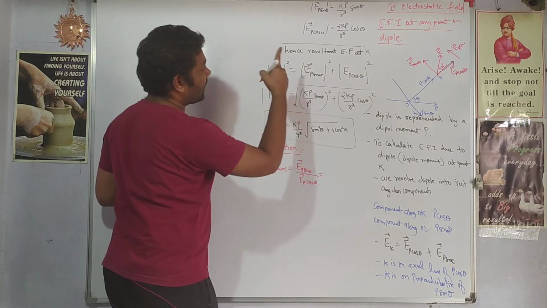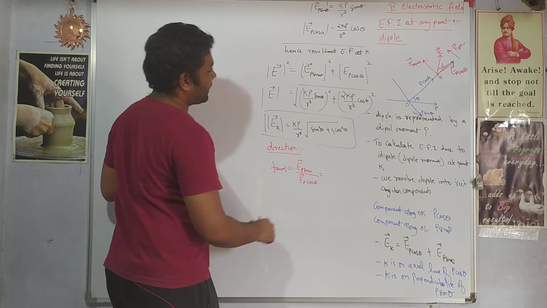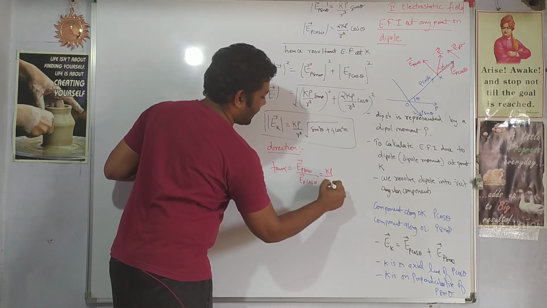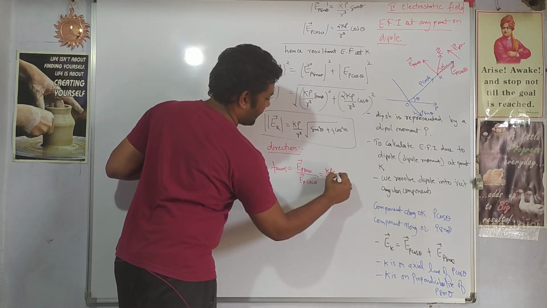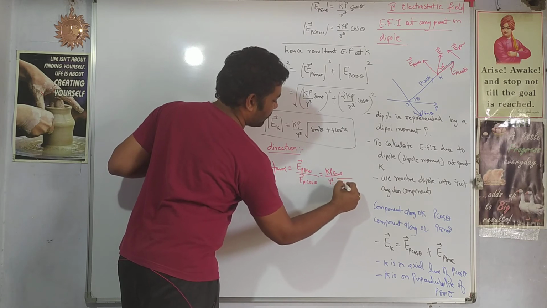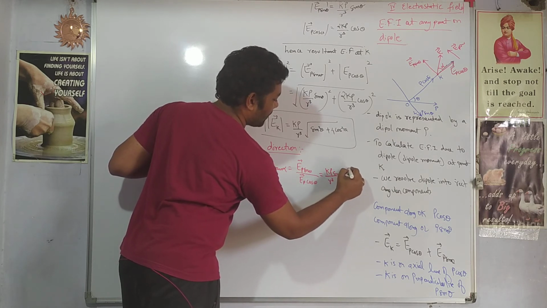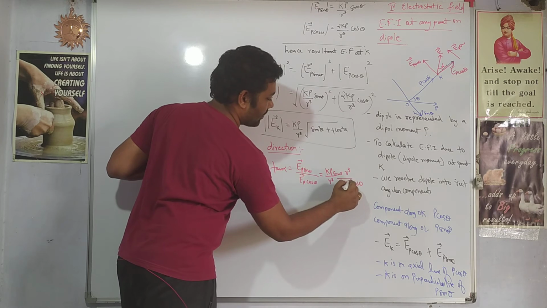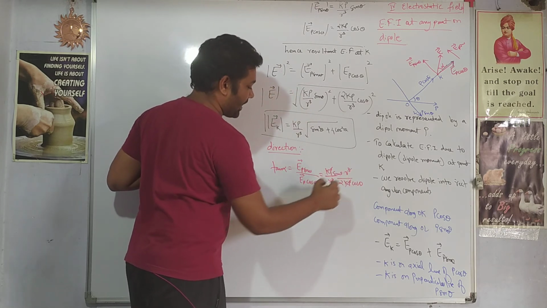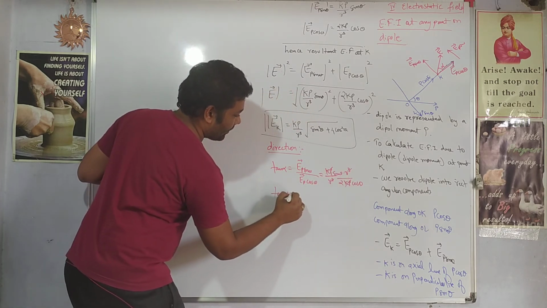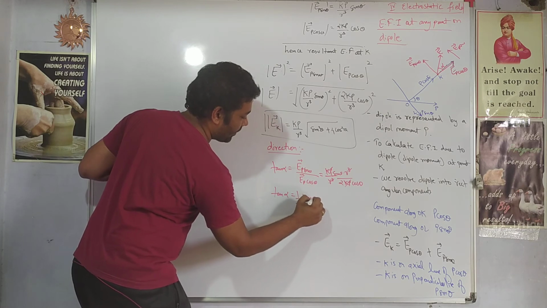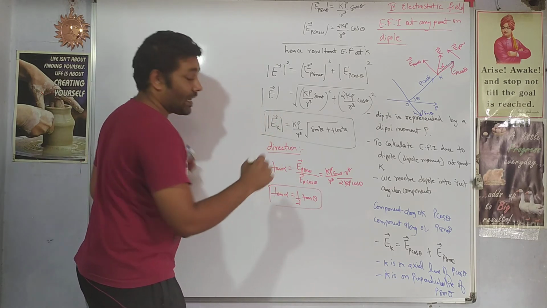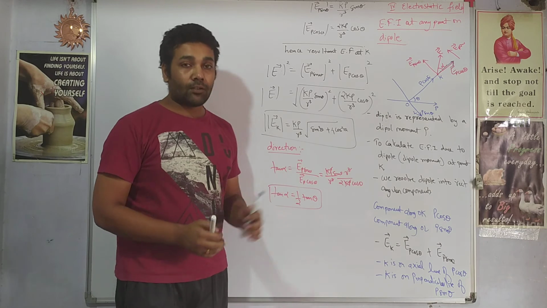Again substituting their values, what do we get? Kp by r cube sin theta upon 2kp by r cube cos theta. This kp gets cancelled, r cube gets cancelled, hence tan alpha will be half of tan theta. You can utilize this formula to find the direction.